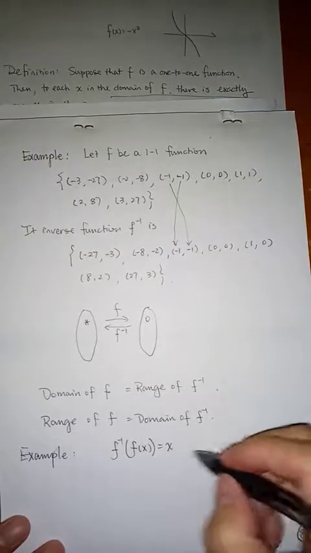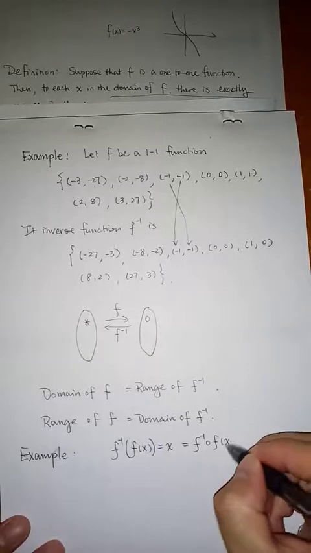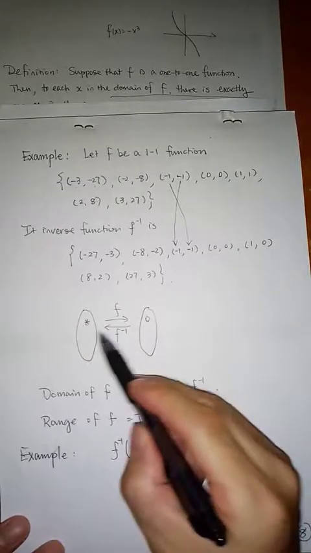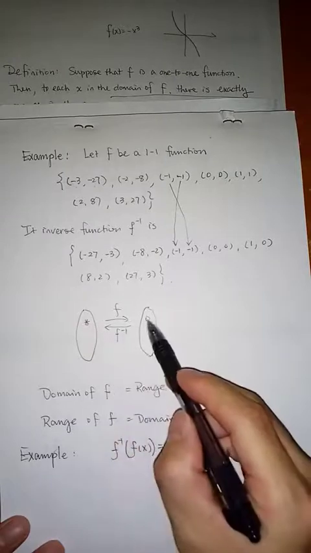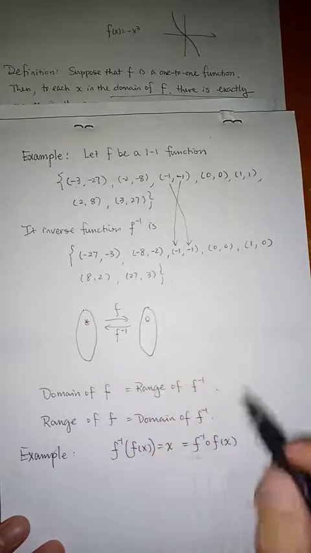So that's the property. So f inverse composed with f is like this. And similarly, you start from the circle, move to the left, you get the star, and then apply f, you go back to the circle.